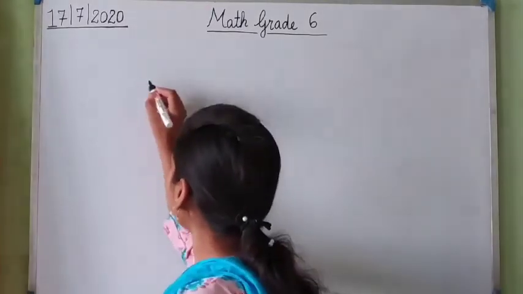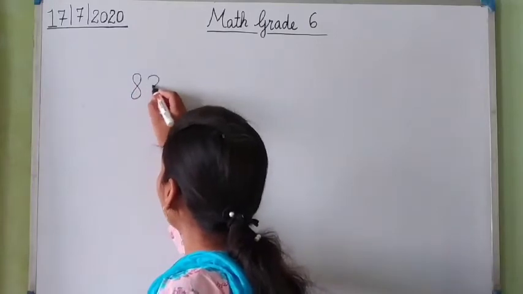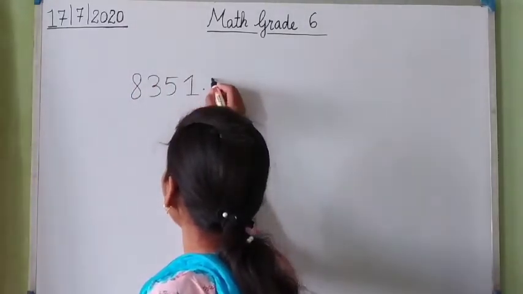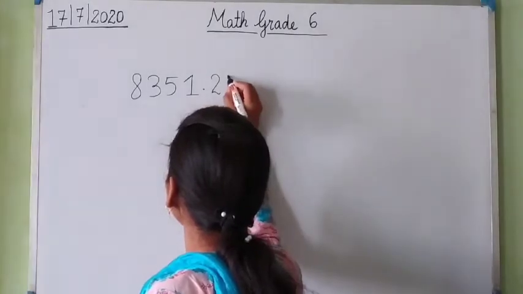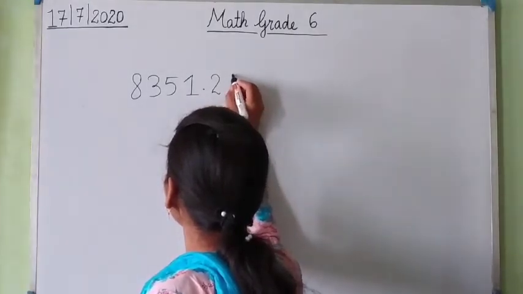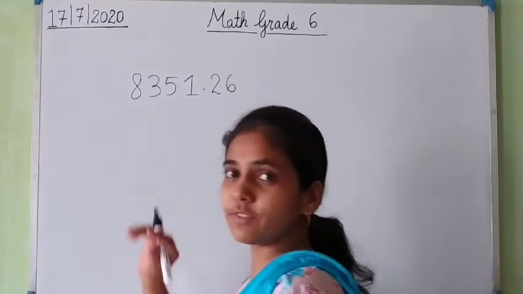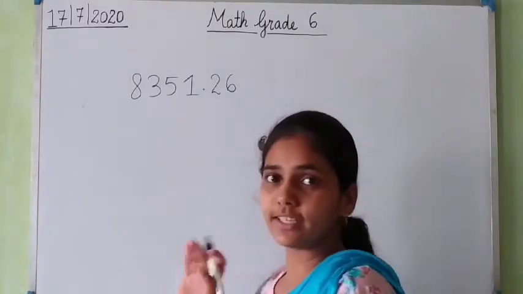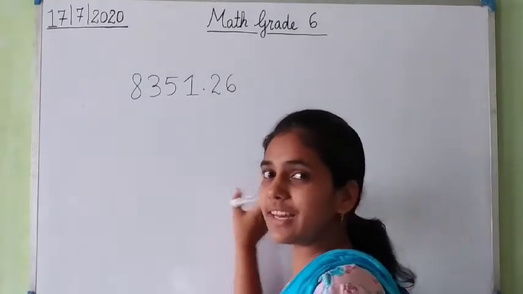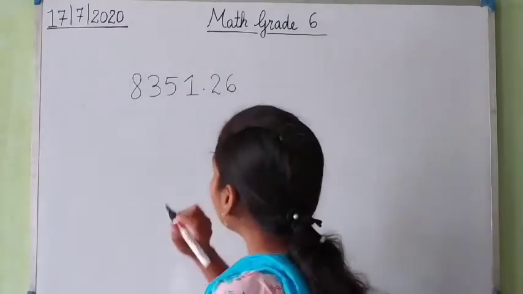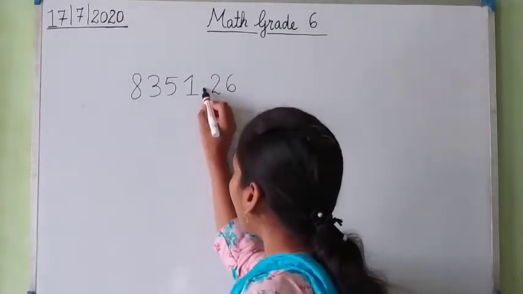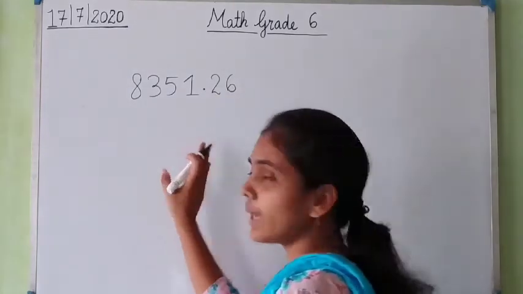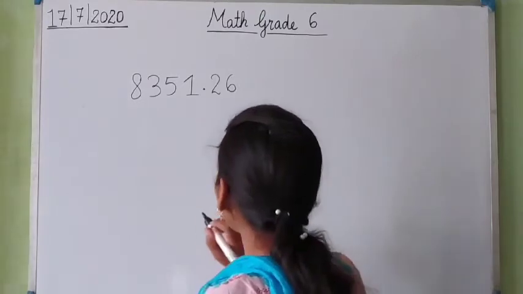Okay, so similarly, if I take a number 8351.26. Okay, so if this is my number, now I have to divide it by 10, 100 and 1000. First we will check how the decimal point will change its place by dividing the number by 10. Okay, so in division what happens?